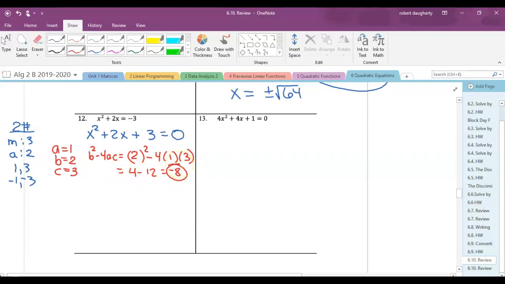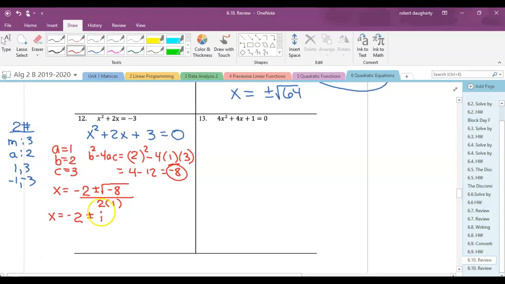So that's B squared minus 4AC. My solution is going to be X equals negative B plus or minus the square root of B squared minus 4AC over 2A. So this is X equals negative 2 plus or minus the square root of negative 8.